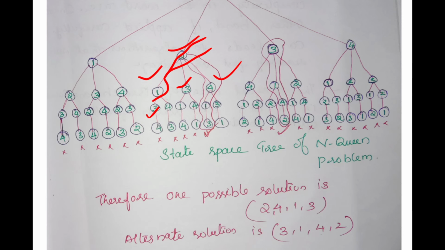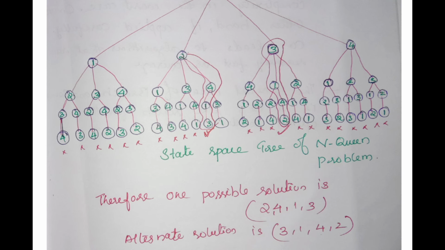Then we get 2, 1, 3, 4, then 2, 1, 4, 3. Then in the second one, 2, 3, the remaining numbers are 1, 4, then 3, 1, 4. Please analyze the diagram for the concept.